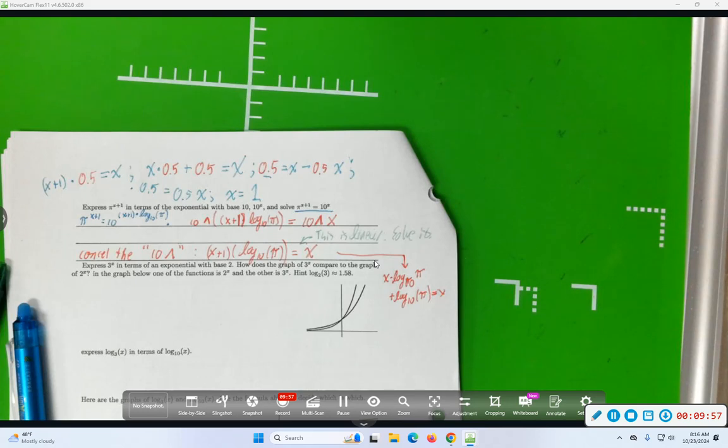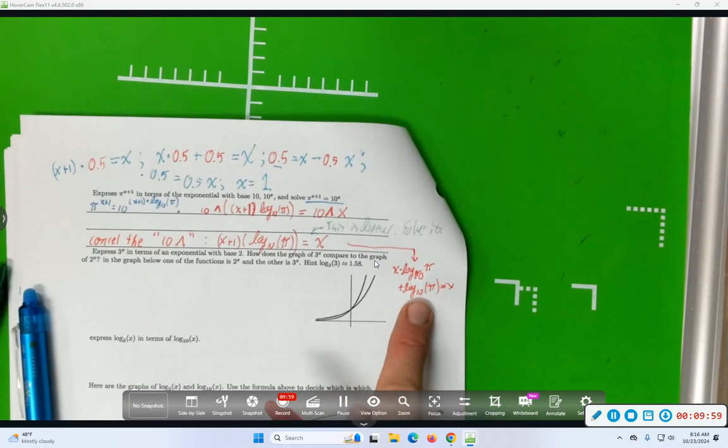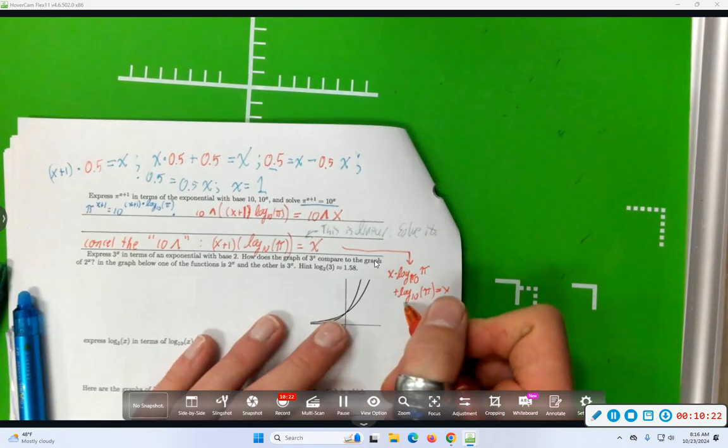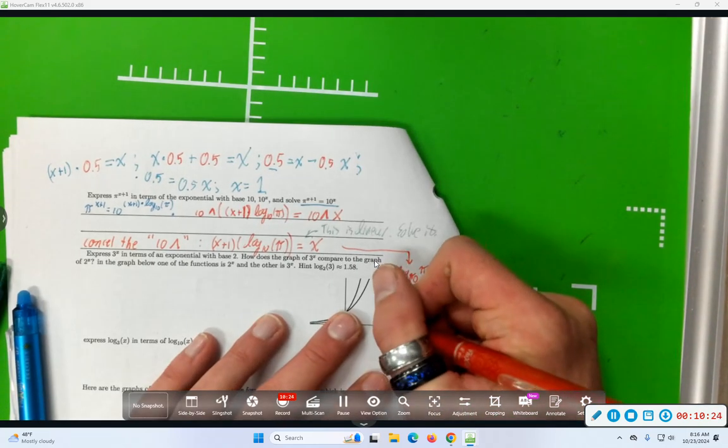What do you get when you change this equation by subtracting to get all the x's on the same side? What are you left with on the left-hand side? Log 10 pi. This is the only thing you're left with on the left-hand side.